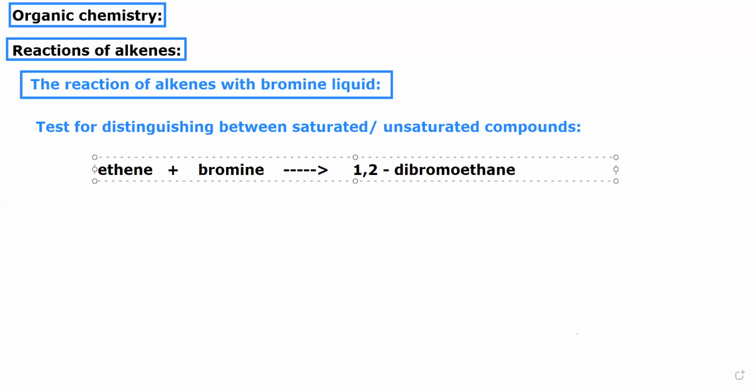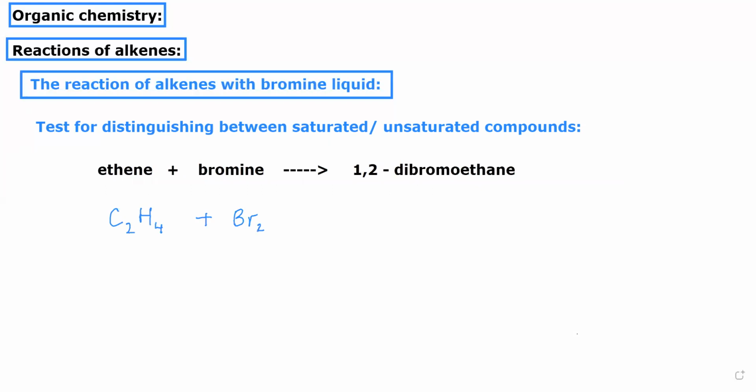What is the formula of ethene? I already know that this is C2H4, plus I have bromine, Br2. Halogens always exist in diatomic form.